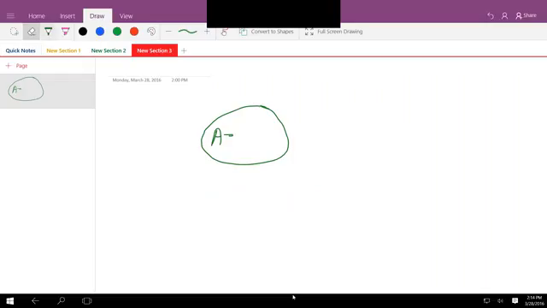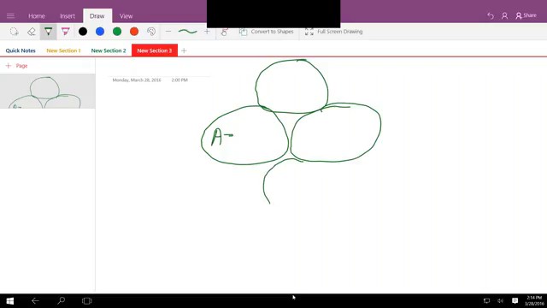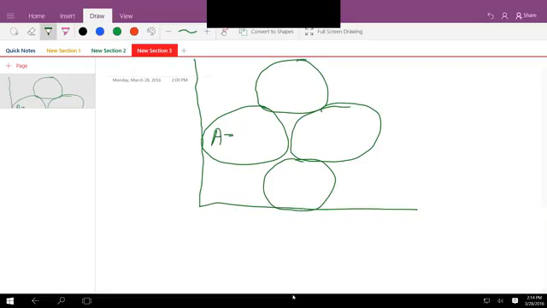Make some circles that are the same distance. So look something like this? Yeah. Okay. Exactly like that? With these two touching right there?